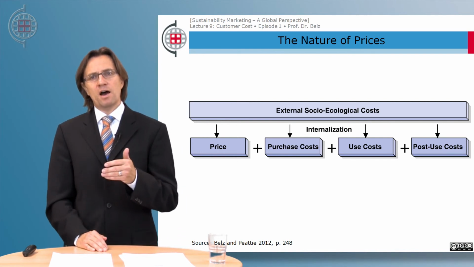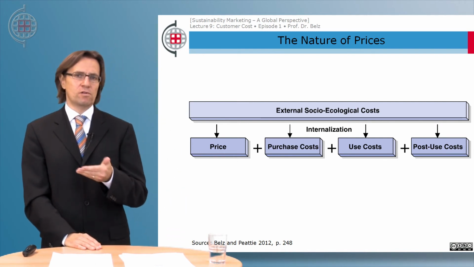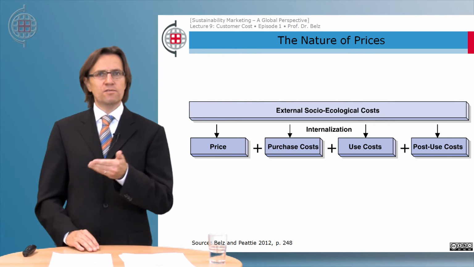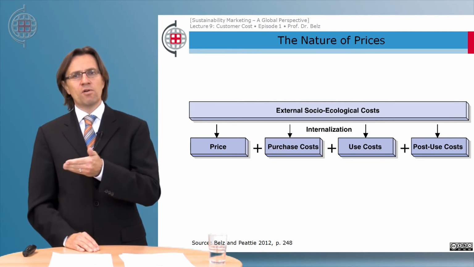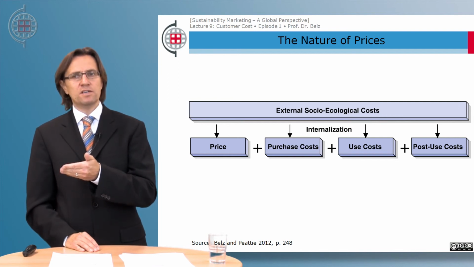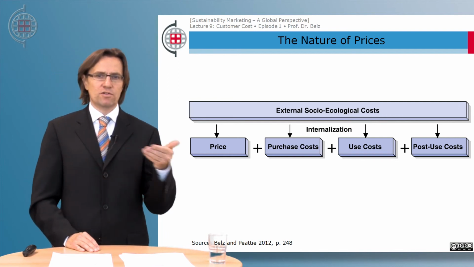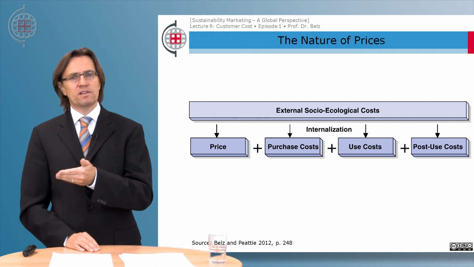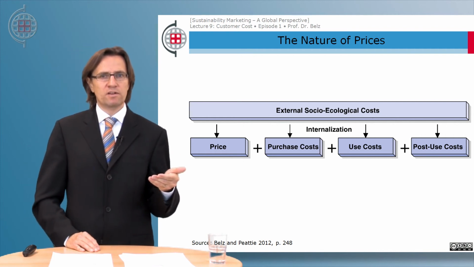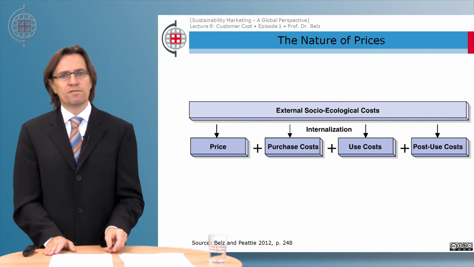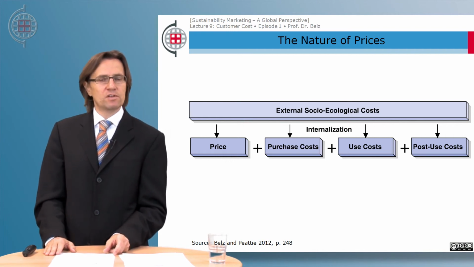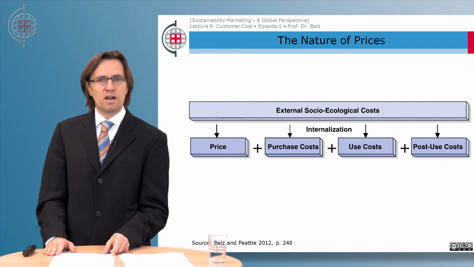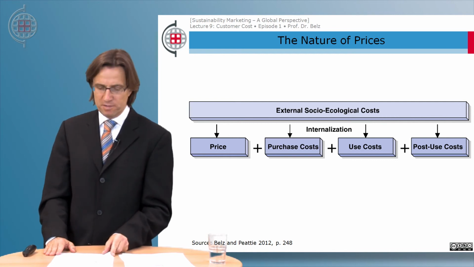If you have higher CO2 prices or energy prices, it influences the use costs. And sustainable products, which are highly eco-efficient as compared to conventional products, all of a sudden they are more competitive. That's why we also have to change the framework. That is something we will cover in lecture 11 of sustainability marketing.